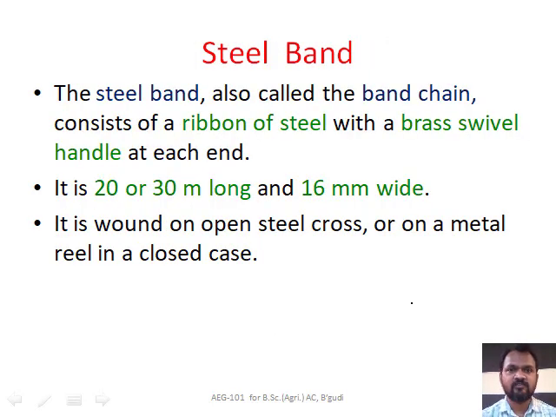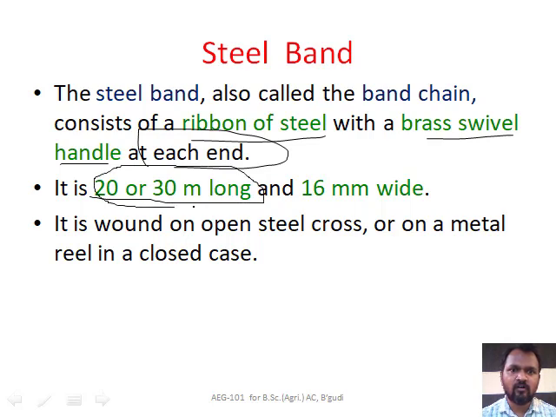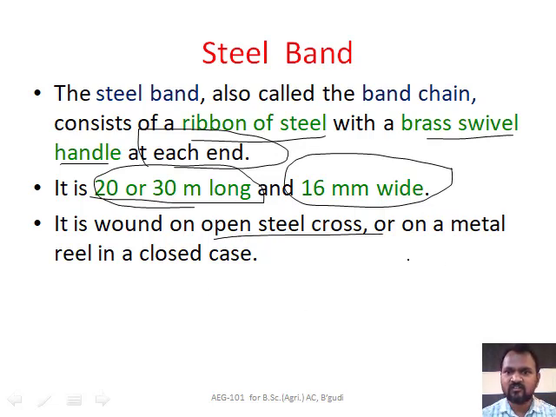Then the next type of chain, the steel band. It consists of a ribbon of steel with a brass swivel handle at each end, and it is available in 20 or 30 meter length with 16 mm width. It is wound on an open steel cross or on a metal reel in a closed case.